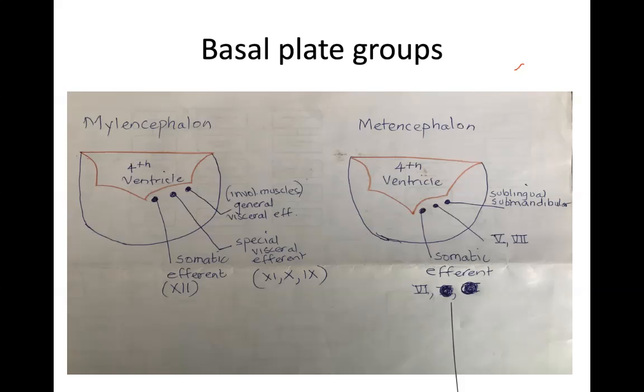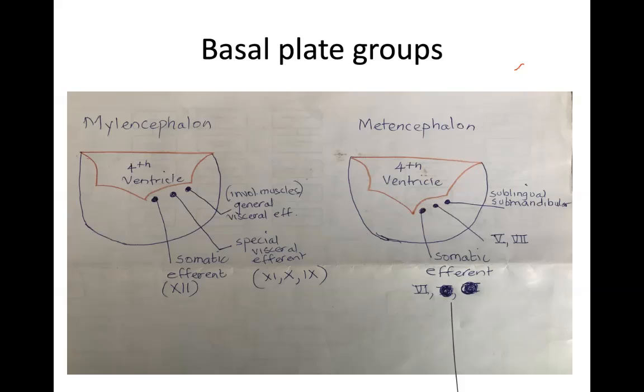And finally, the general visceral efferent will be going to the involuntary muscles of the respiratory system, the heart, and the GI.